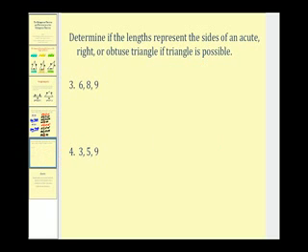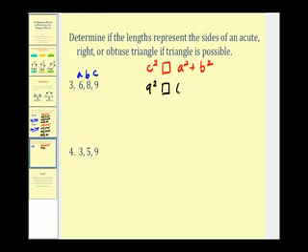Again, the process is going to be the same. c is the longest side, a and b are the two shorter sides. Notice that a plus b is greater than 9, so we can form a triangle. So again, let's set it up. c squared on the left, a squared plus b squared on the right. So we'll have 9 squared, and on the right we'll have 6 squared plus 8 squared.